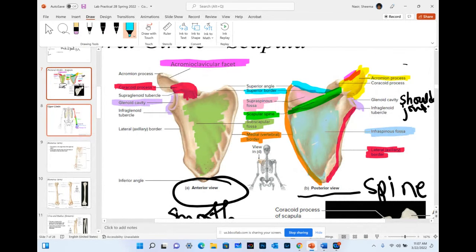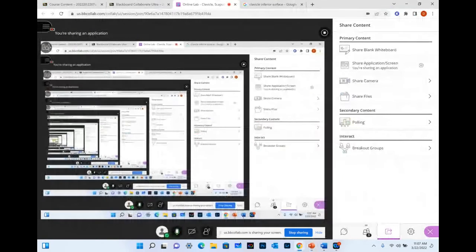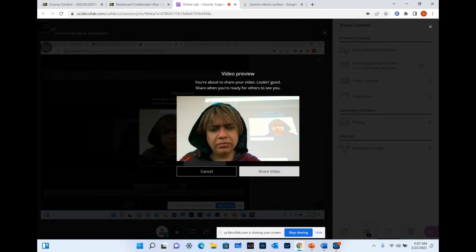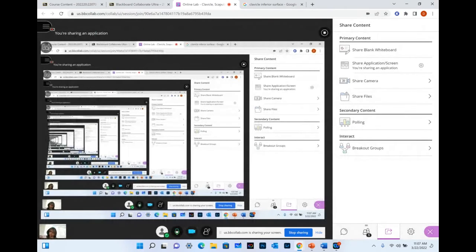Now, I am going to show you again myself. Okay, so this right here is scapula. In the scapula, you see this spine? When you have a spine, this is the posterior surface. So this is your posterior surface because of the spine.